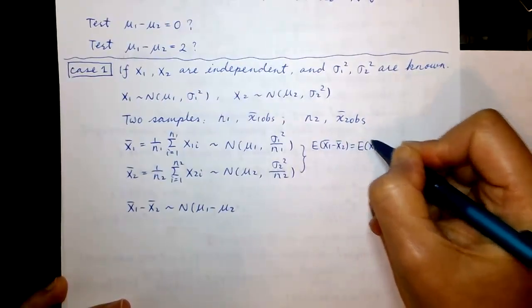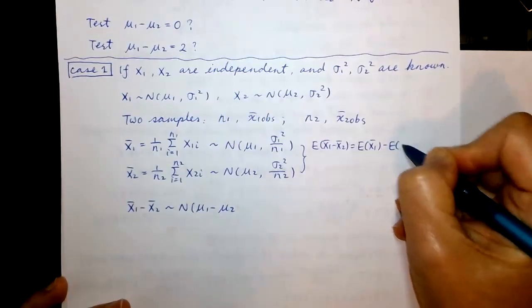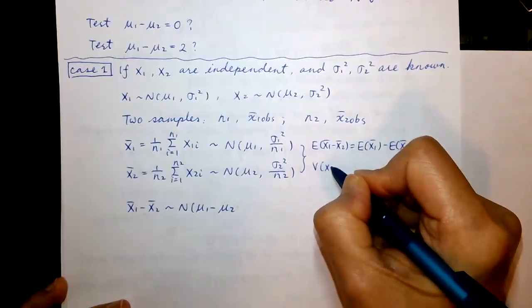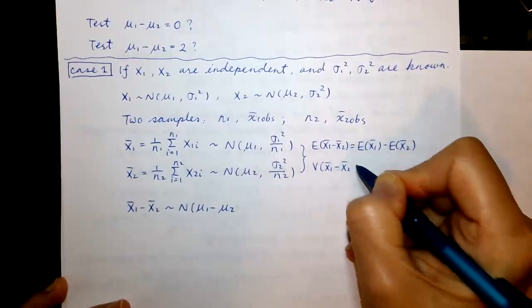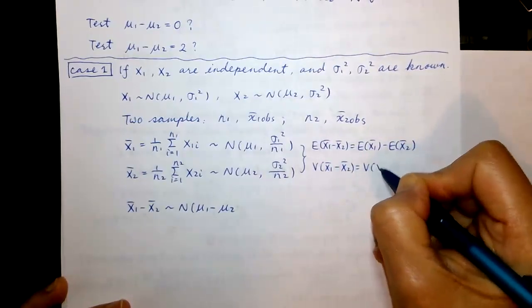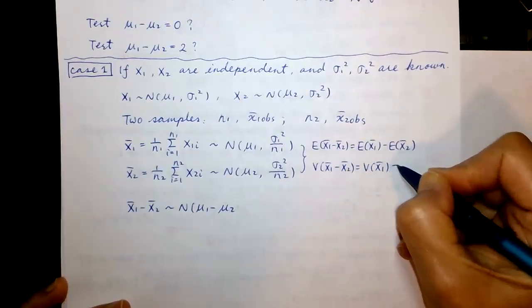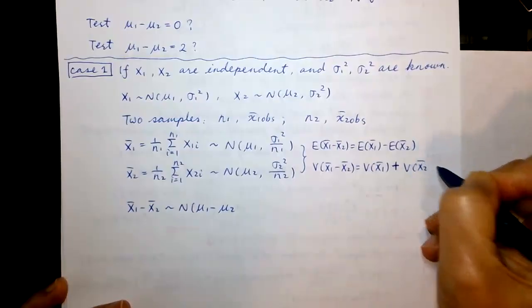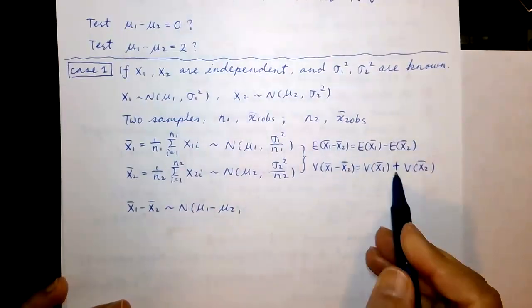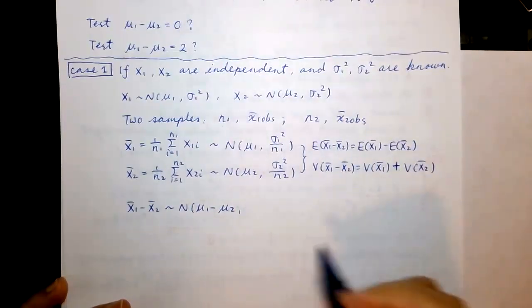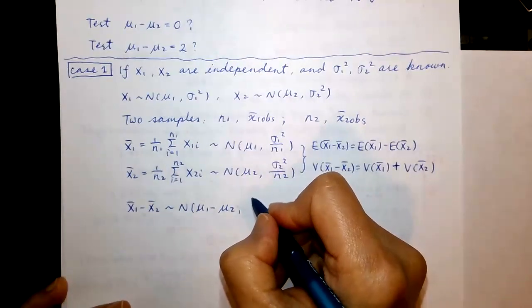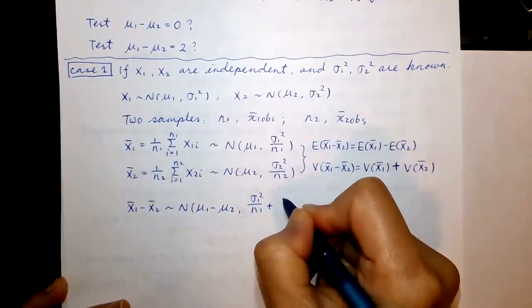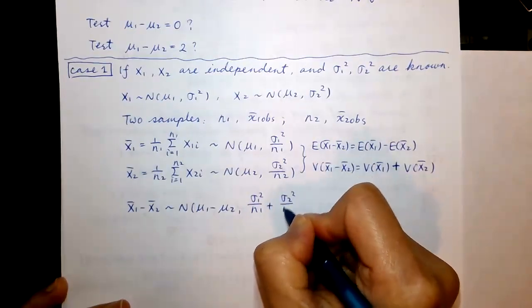So the mean of x1 bar minus x2 bar is this, then the variance is plus, okay, plus. Why is it plus? Review Handout 4.